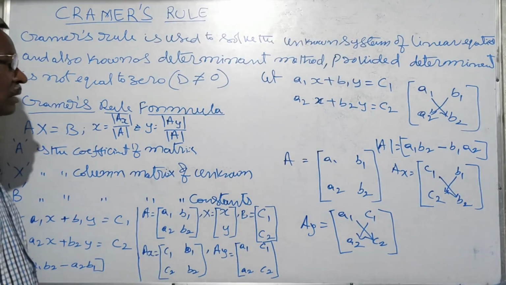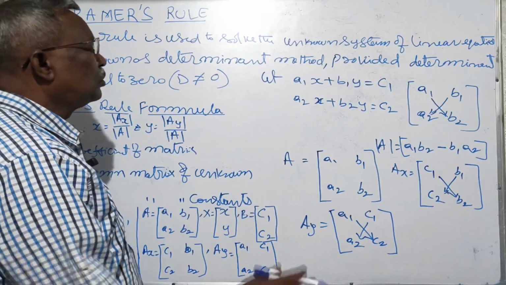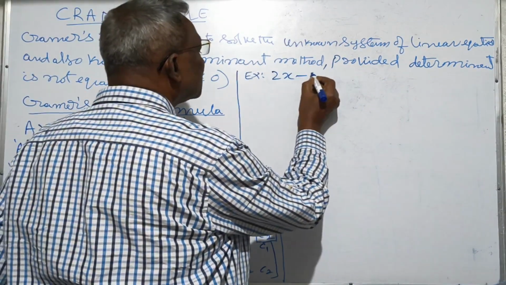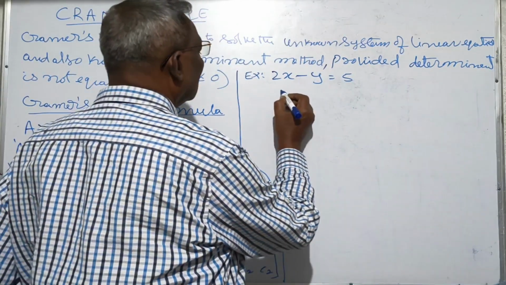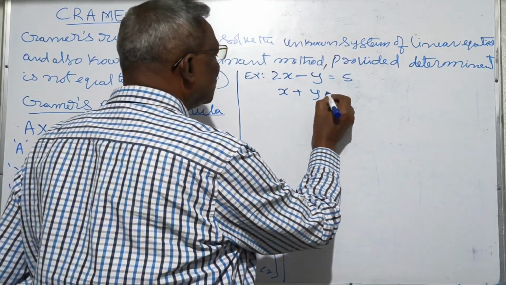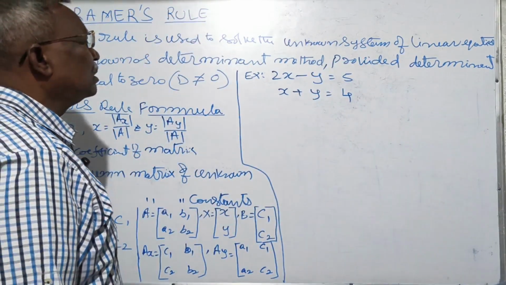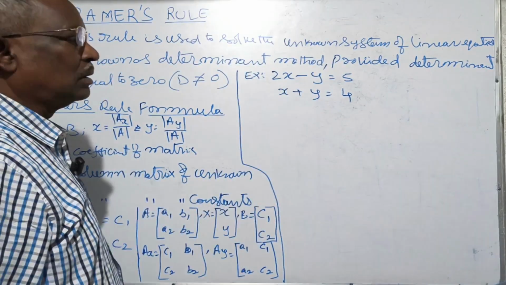Okay friends, we will solve one example problem of a two variable linear equation. 2x minus y is equal to 5 and x plus y is equal to 4. These are the two variable linear equations.